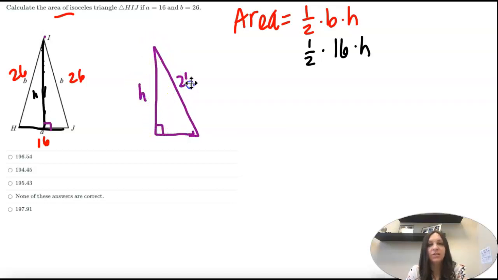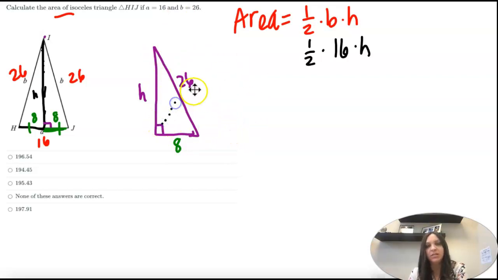I know 26, and we actually know this length. Because this is an isosceles triangle, we would split this in half. So if the total is 16, we would have 2 equal parts of 8. So this is 8. So now we're set up to do Pythagorean theorem.